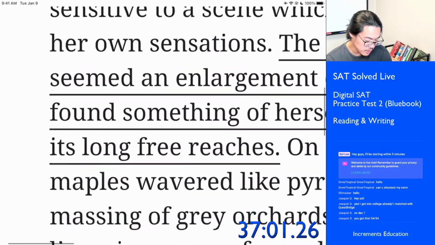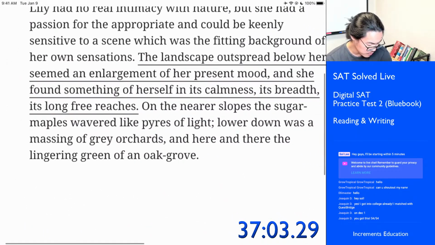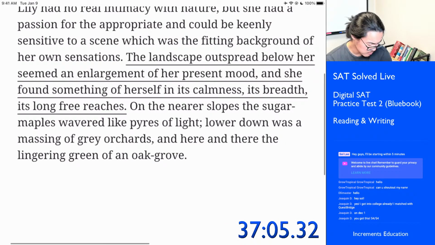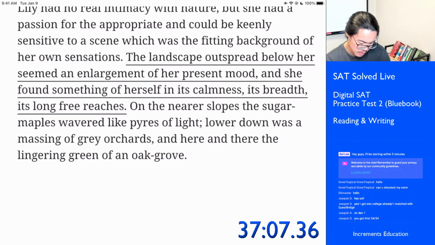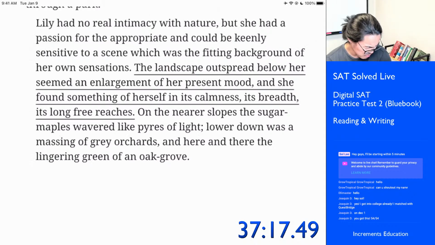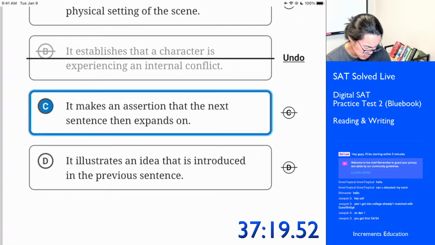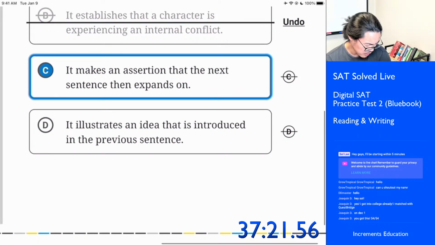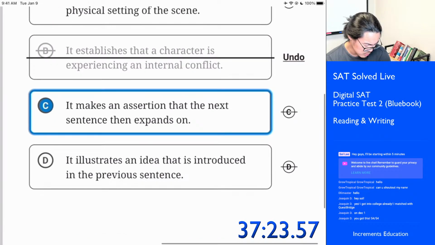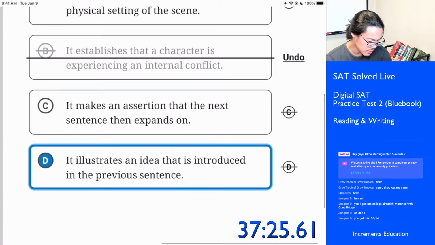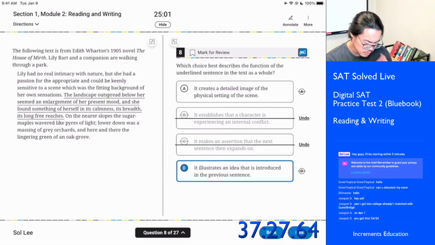And if you argue that the long free reaches are the claim, then this whole thing sounds like a long free reach. No, I don't know. Its assertion is kind of weird, but okay. And expanding is kind of weird, but it does illustrate the idea that was introduced in the previous sentence. Okay, okay.